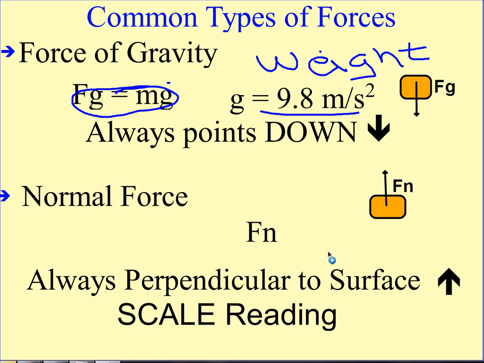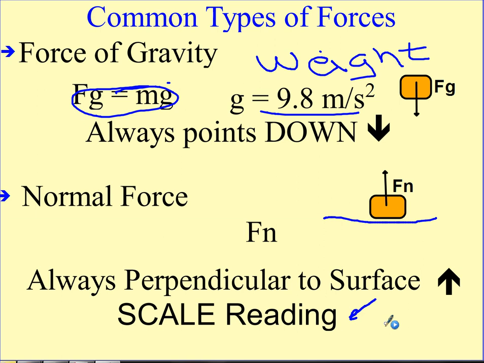The normal force is a reaction force. Whenever you have an object sitting on a surface, then there is going to be a normal force. Think of this as the force of the floor pushing back up on the object. It's always perpendicular to the surface. Now, in problems, you will often see a scale reading, especially when we do elevator problems.